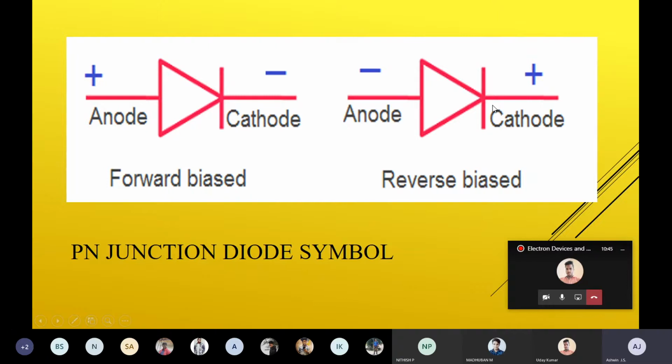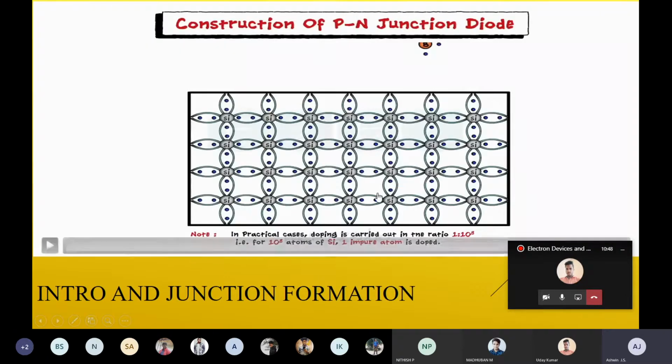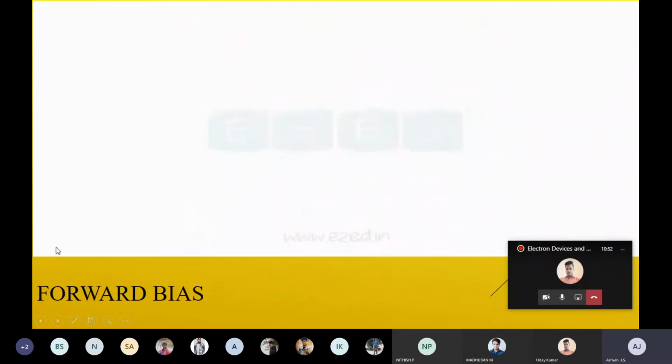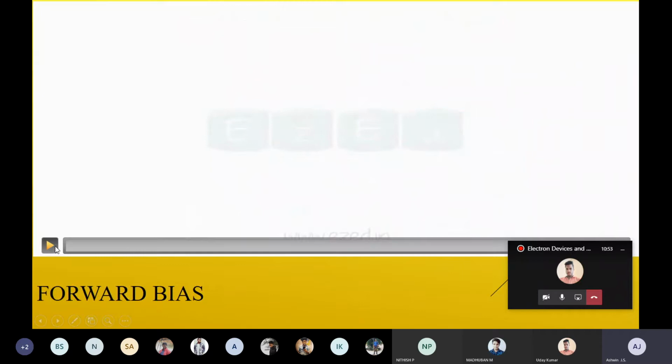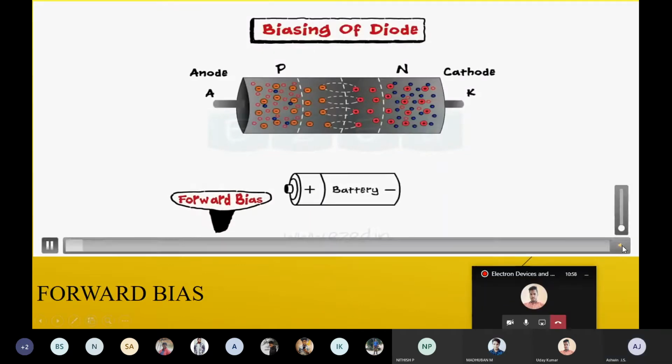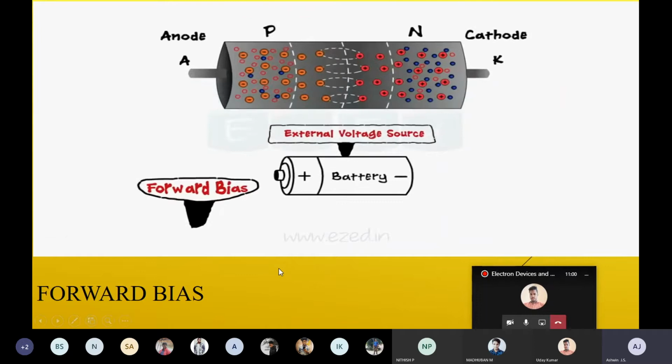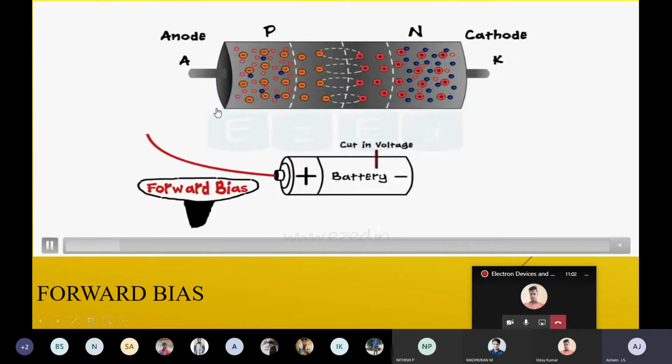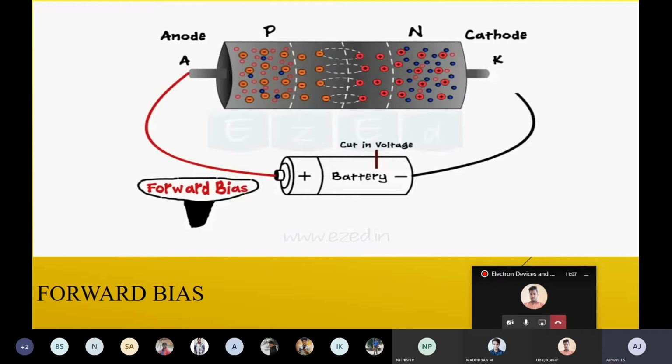Okay, so this is just how they make the P and N types, or we will go to the forward bias directly. So during the forward bias, I give positive, which represents more magnitude, to the anode and negative, less magnitude, to the cathode.